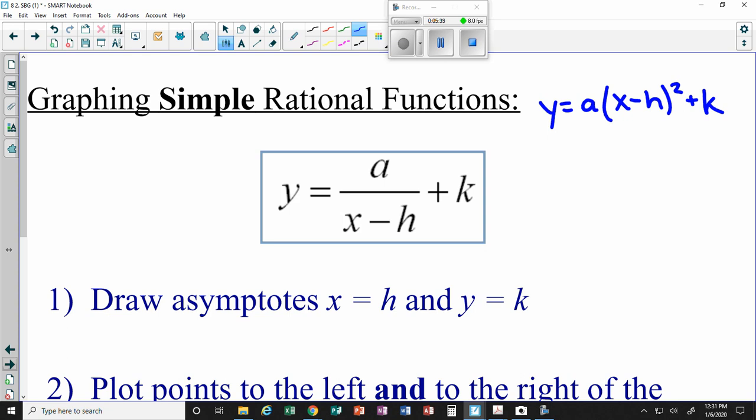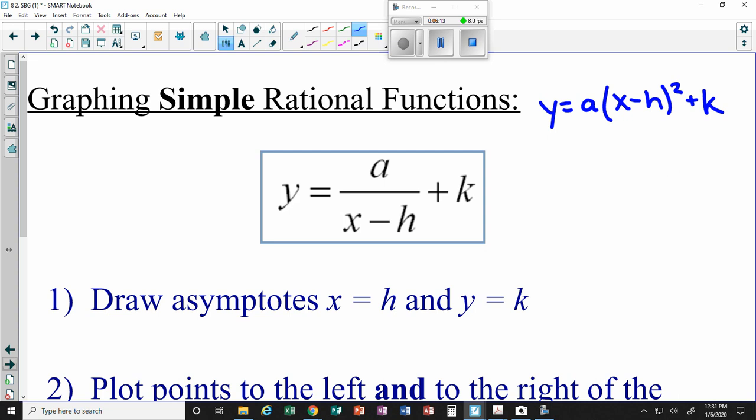What do they do? A does what? Vertical stretch or shrink, and if it's negative, it's going to reflect. What does h do? Shifts left to right. What does k do? Shifts up or down. Same thing here.